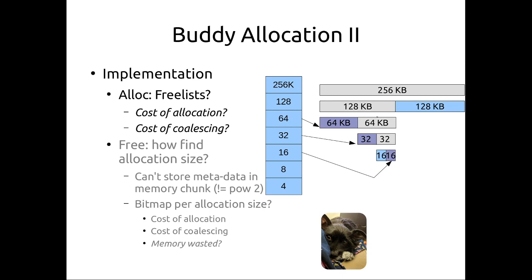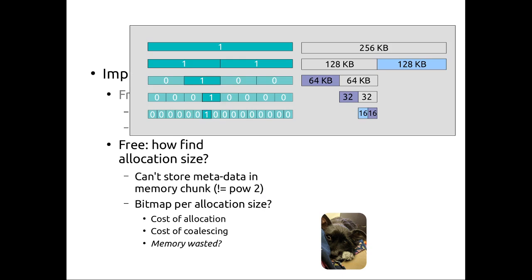How can we find the buddy? How can we find if the buddy is allocated or not? And then how can we coalesce up? And what is the data structure for tracking all of that operation, right? Now, the first thing that I want you to think about is that we are actually managing a finite amount of memory, the physical memory on the system.